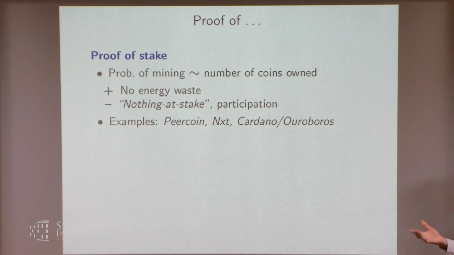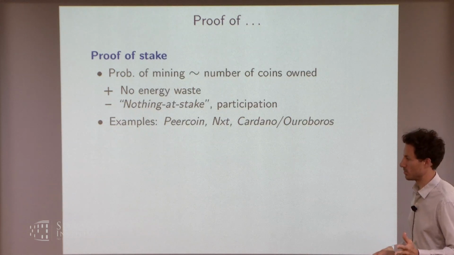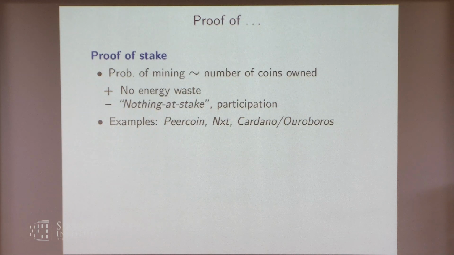That is typically how many coins you own, or some product of number of coins and how long you have owned them. The big advantage is you get rid of this energy waste, but there are of course disadvantages as well. There are plenty of so-called nothing at stake problems that you have to overcome by clever protocol design.